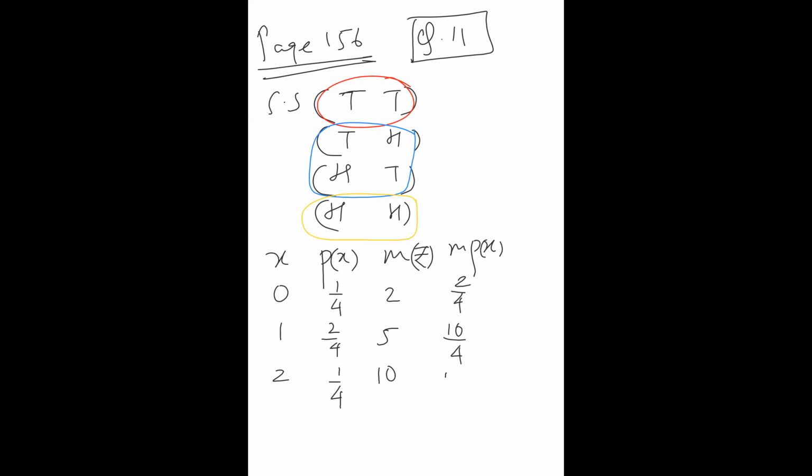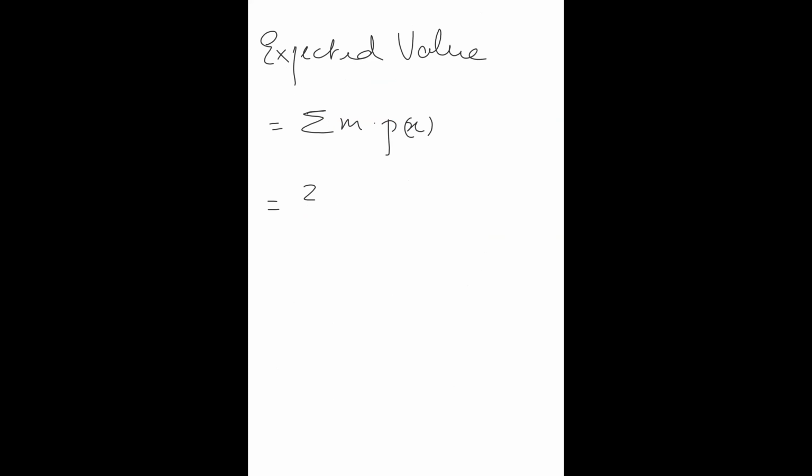And 10 into 1 by 4, which is again 10 by 4. So the total is 22 by 4. Take a look at the calculations. So the expected winning amount is 22 by 4, which is rupees 5.5.